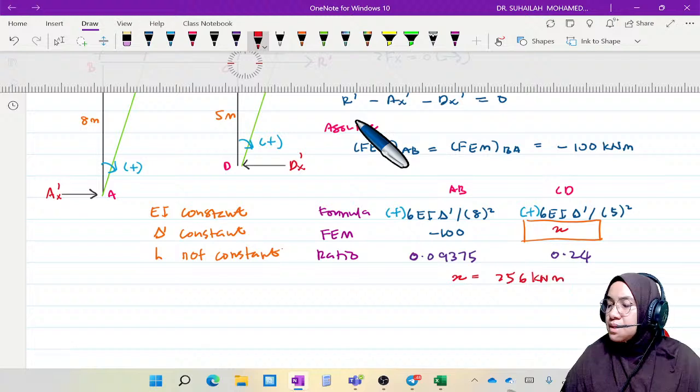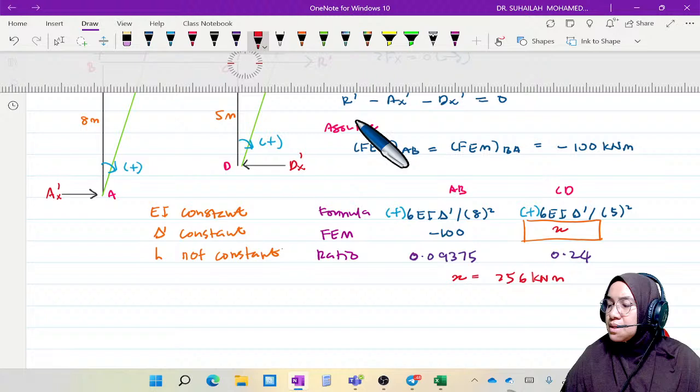This is the value that we should put in the table, which is equal to FEM for CD. So FEM for CD is equal to FEM for DC.